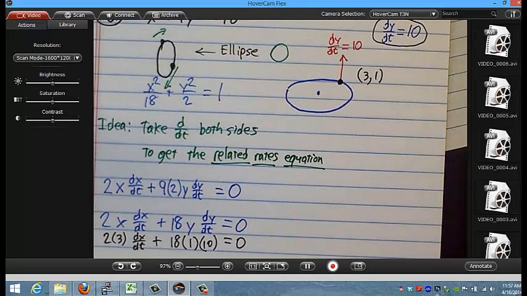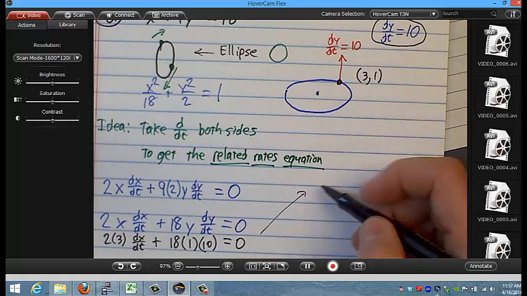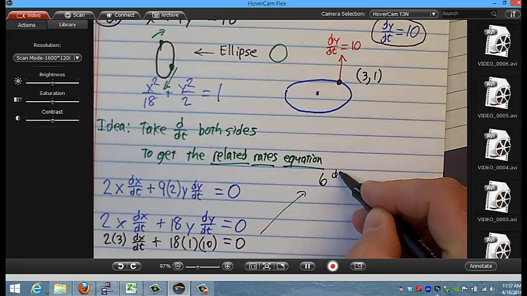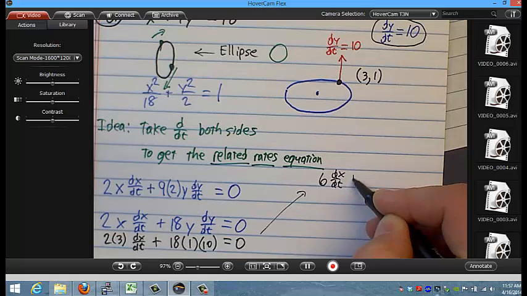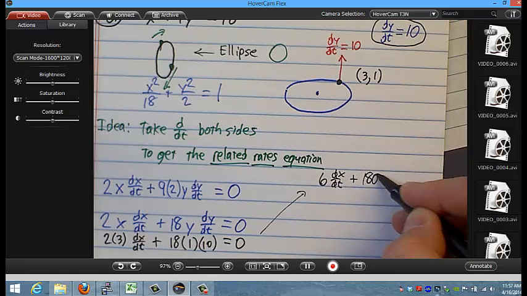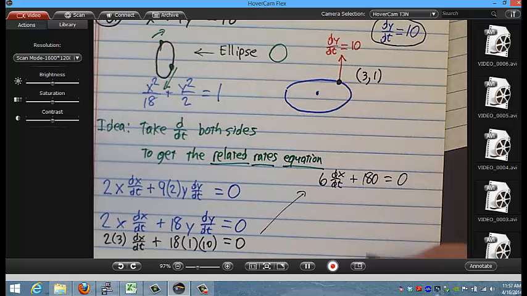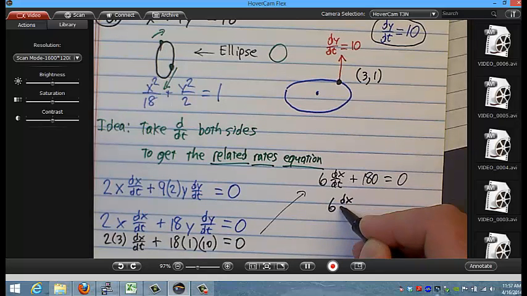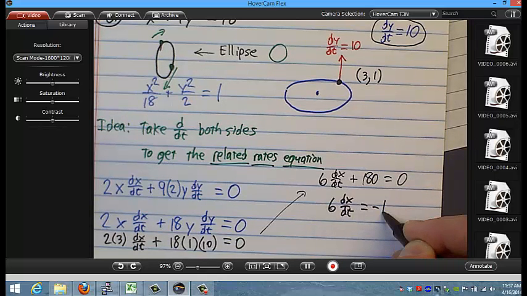I'll just move it over here. So I have 6 dx dt plus 180 is equal to 0. So 6 times dx dt is equal to minus 180. And so that means that dx dt is equal to negative 30.